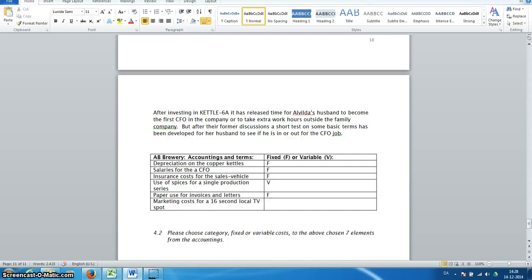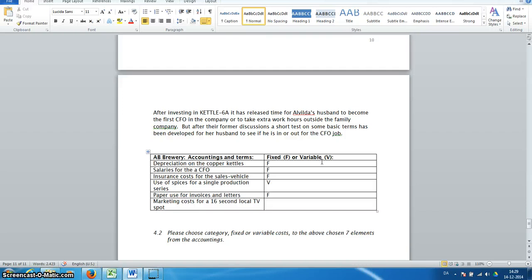So even though we double production, I'm not sure that we will use more letters. We would probably for invoices, but not for letters in general. So I would still call that a fixed cost. But this can actually be debated. It's not completely given, but it would be a good idea to call that a fixed cost.